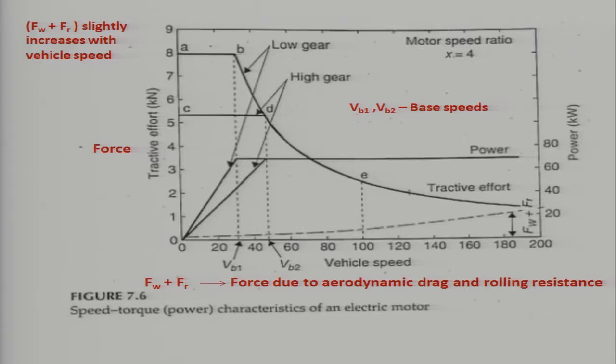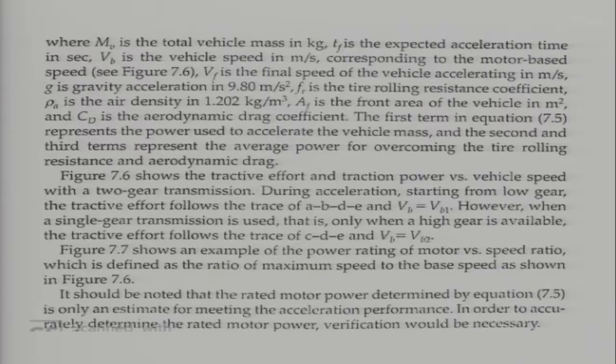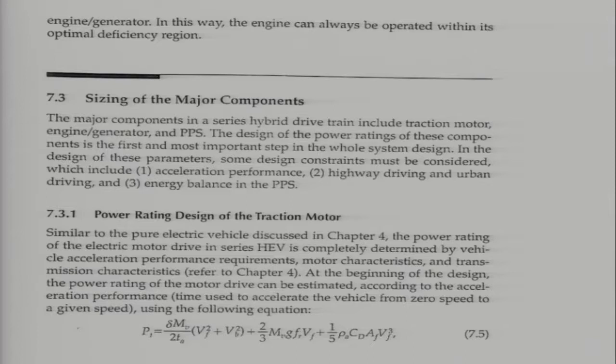When you are designing the traction motor which is driving the vehicle, you should see how exactly the performance is, what base speeds you want, what maximum speed you want, and what the aerodynamic drag and rolling resistance characteristic is. Accordingly, these two components are available in the equation here.